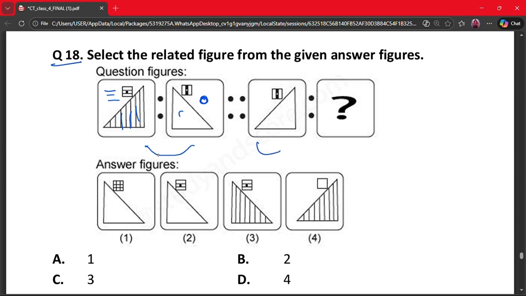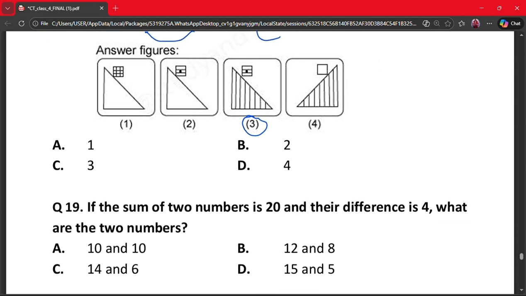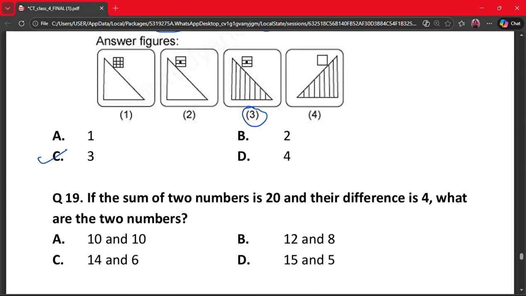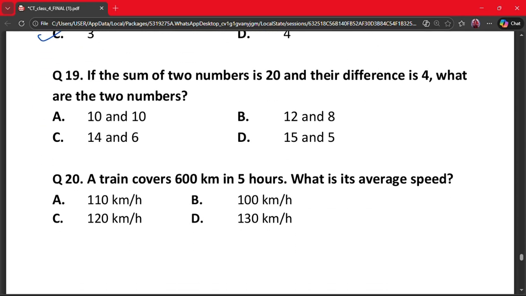The plain triangle was on the right, so here the plain triangle is on the left. So we need this exact replica, which has lines like this, and in the square it has lines like this. So where can we see this pattern? It is in the third one. So yes, our correct answer is the third one, which is in option C. So the correct answer is option C.